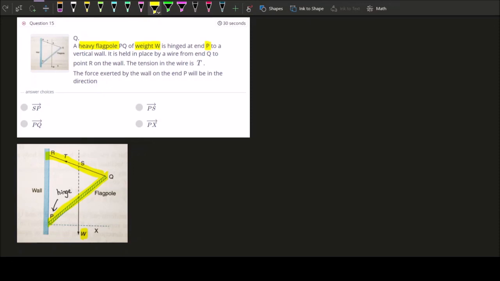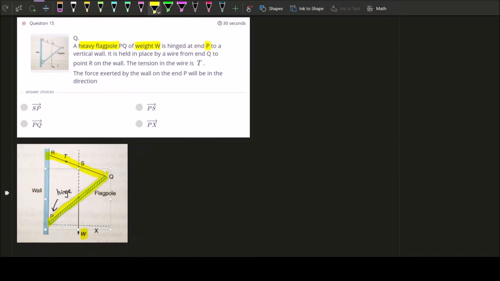Then next, they ask the force exerted by the wall on the end P. Means they are asking for the reaction force at point P. Where will be the direction for the reaction force at point P? Well, this is an interesting question. Well, you know from our discussion of how to draw free body diagram, if you see this flagpole over here, without this wall, this flagpole will swing into the wall.